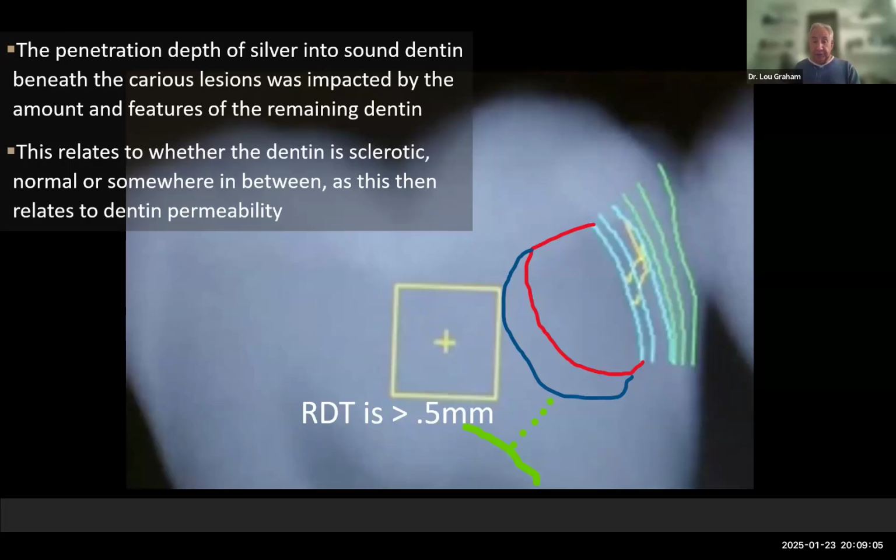In a young person, normally the dentinal tubules are wide open and they're large as you get deeper, so you could have deeper penetration. So if you have a young patient with really aggressive caries, you're going to get more silver penetration versus sclerotic dentin, like in this, where it's almost tertiary dentin laid down, you're going to get less silver penetration.